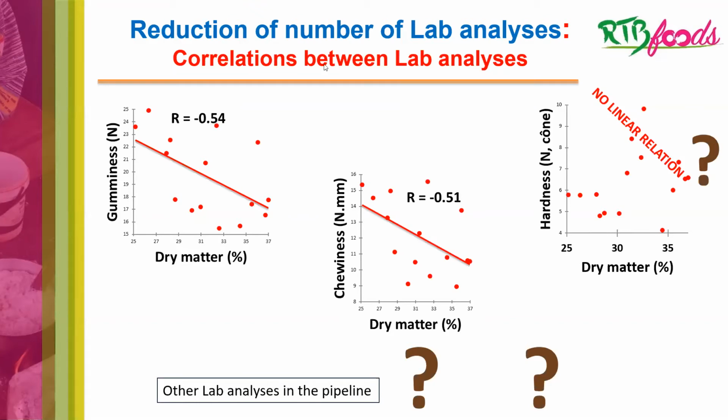Here on the right hand, we don't see any significant linear correlation between dry matter and hardness. We expected it, but we cannot see it. We will try again to see if we can identify other relation between dry matter and hardness. So that is the way we reduce the number of analyses and the number of quality attributes.